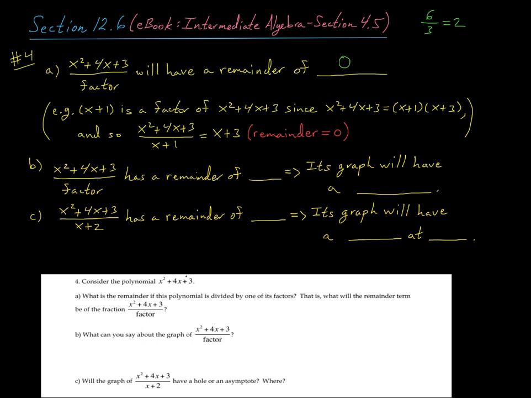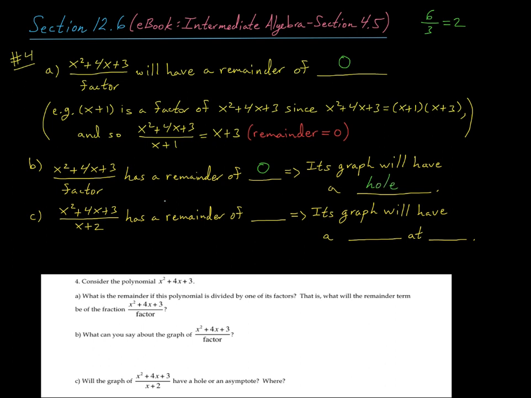And then B says, what can you say about the graph of x squared plus 4x plus 3 divided by one of its factors? Well, as we just noted in part A, this thing has a remainder term of 0. And in the last video we said that if you have a remainder term of 0, then your graph is going to have a hole.